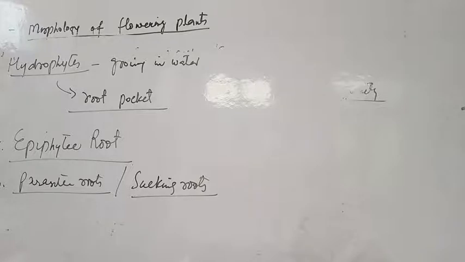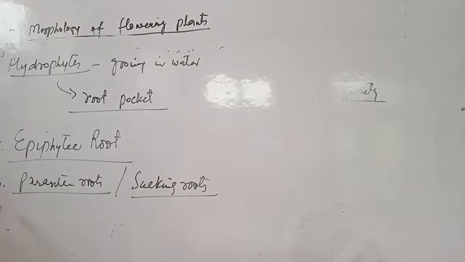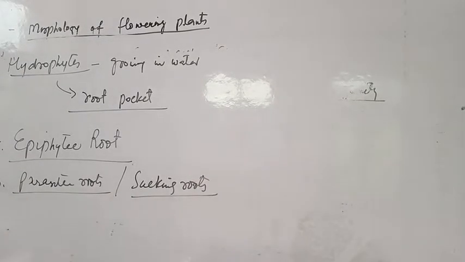These are plants which are parasitic in nature and they obtain their food from other plants. Parasitic roots are present in parasitic plants and help in the absorption of food from the host plant, as we can see in Cuscuta and Rafflesia.